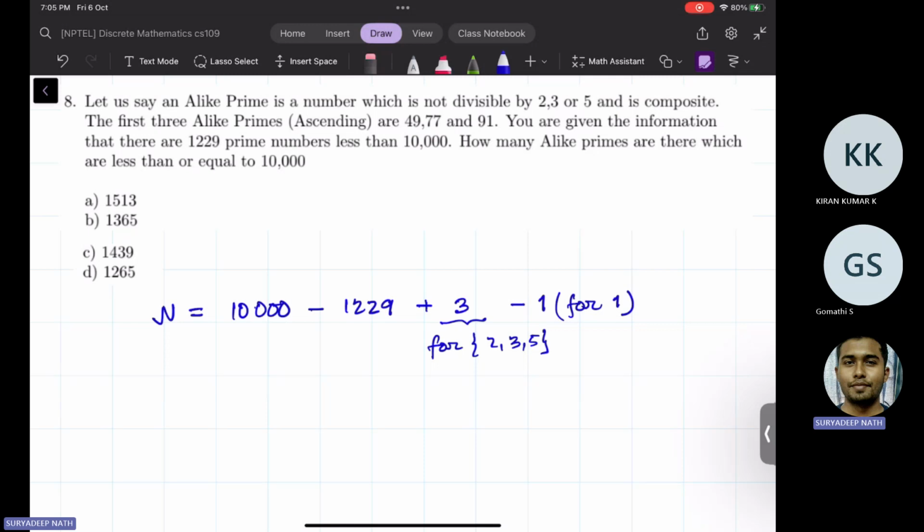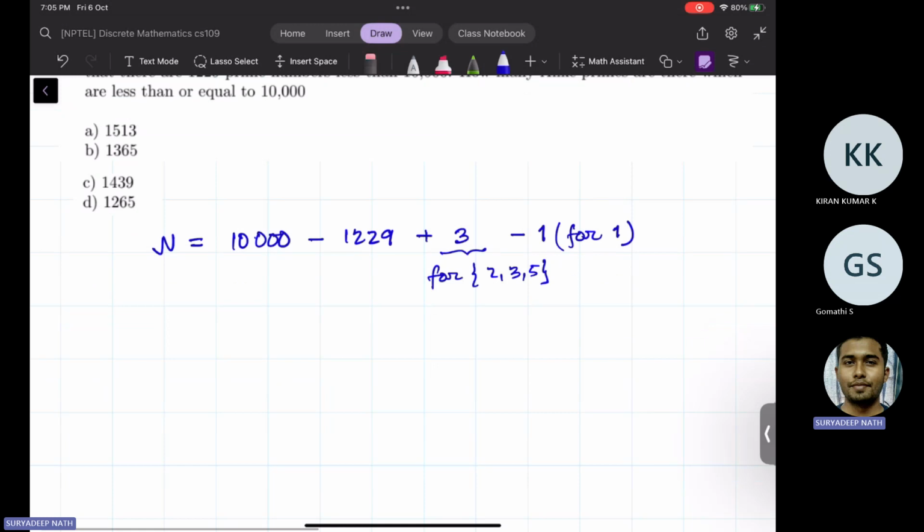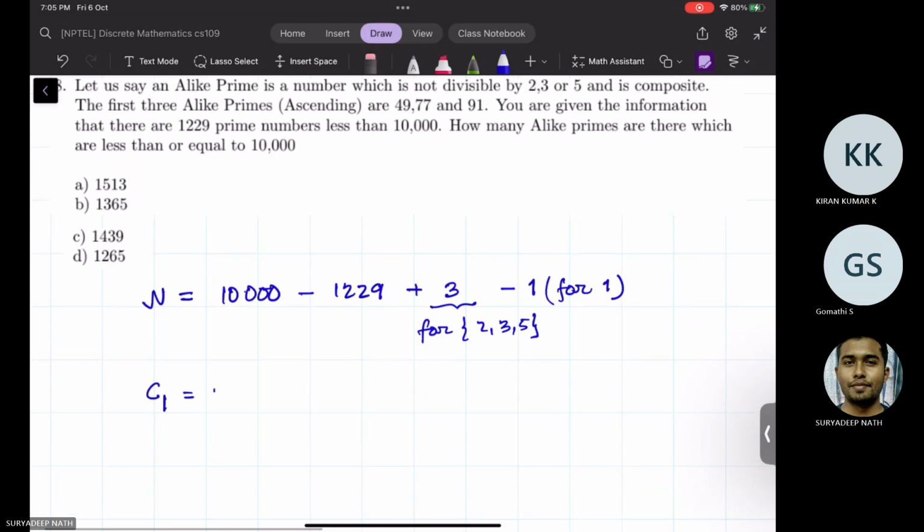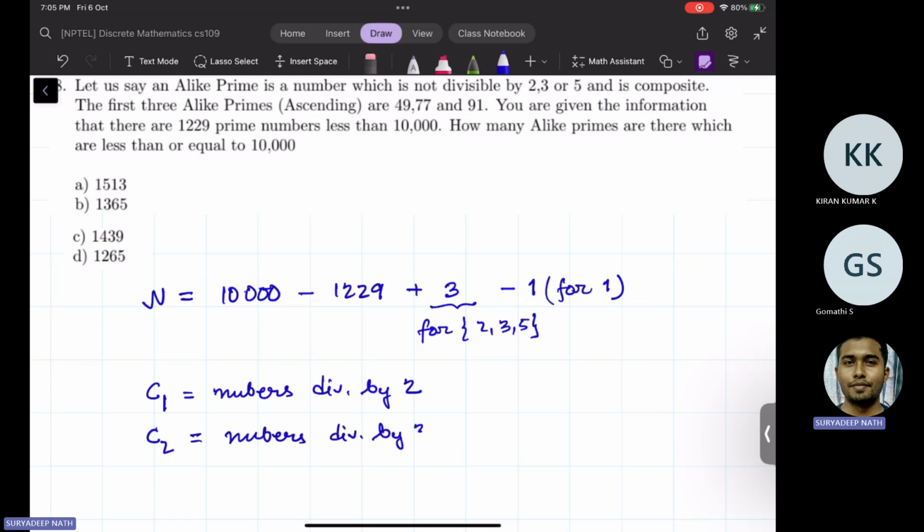Why we are doing it is because I'll define these sets. C1 is numbers divisible by 2. C2 is numbers divisible by 3.